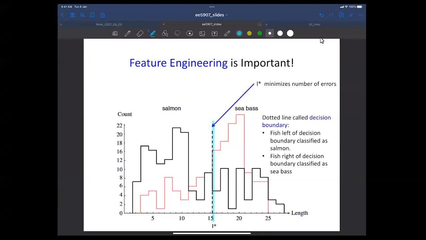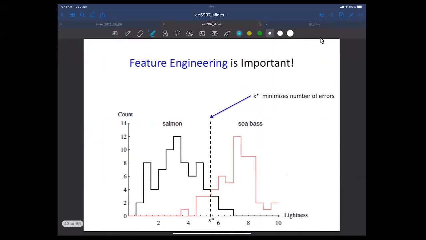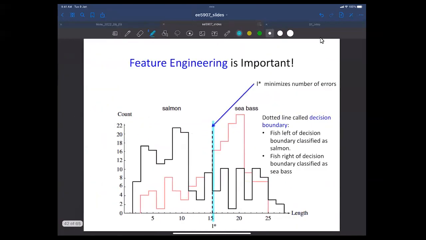But whether this is the best separation for us is a question mark. From the mathematical point of view, yes, this is the best. But from the human perspective, it might not be the case. Because if you separate in this case, for example, there are many salmon considered to be sea bass, or the other way around, sea bass considered to be salmon. So, for example, if sea bass is cheaper than salmon, people do not like it. They might want to be more strict with the salmon as the error function.